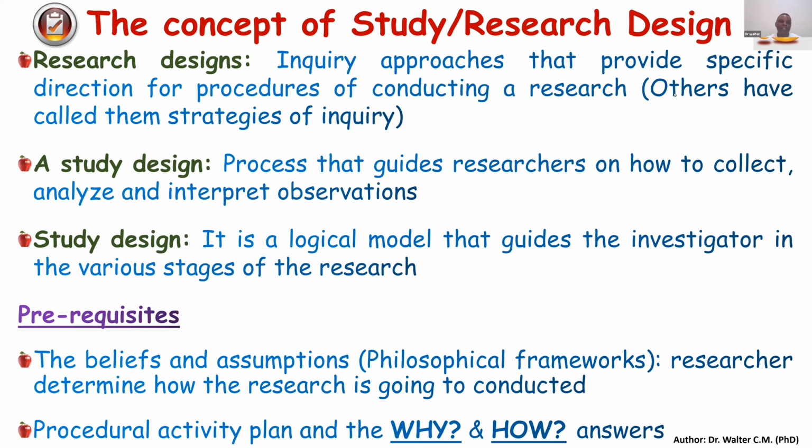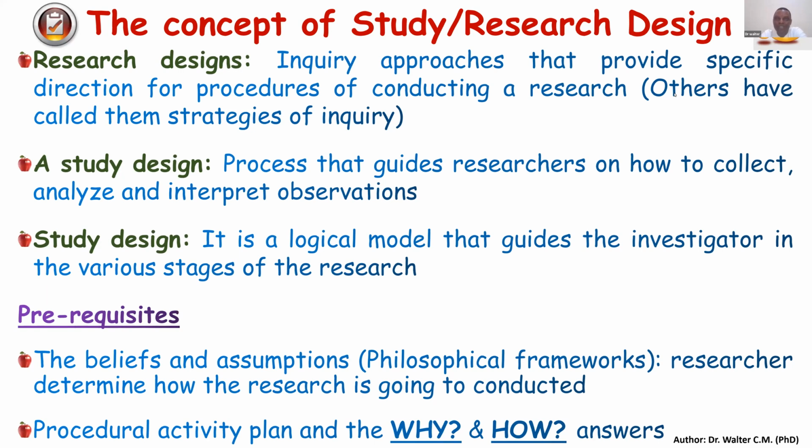And then the third prerequisite is that you must demonstrate and indicate the why and how answers. The section of research designs requires you to ask yourself: why am I choosing study designs under observation, or why am I choosing designs that are under intervention study? So you must have a reason.